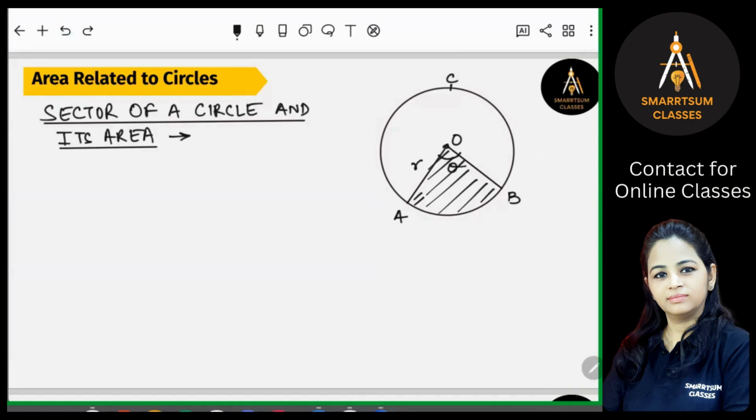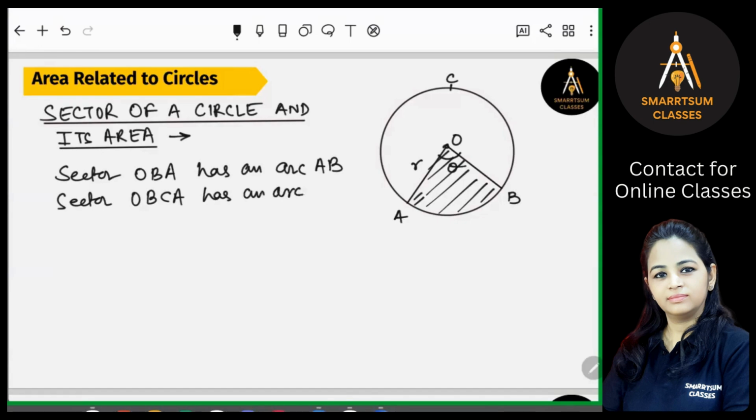Now, the sector OBA, if you can see here, has an arc AB as a part of its boundary, whereas sector OBCA has an arc ACB as part of its boundary, right?